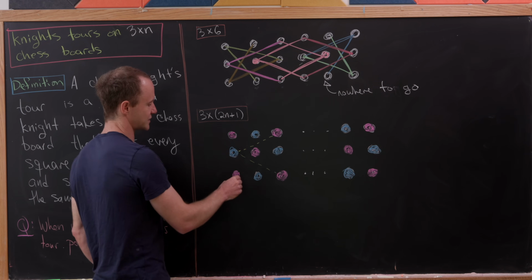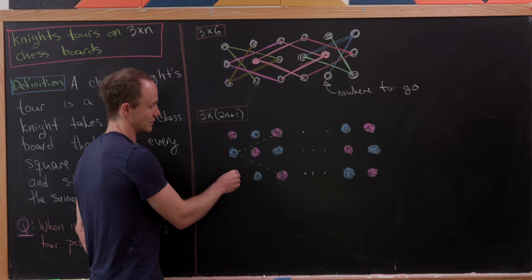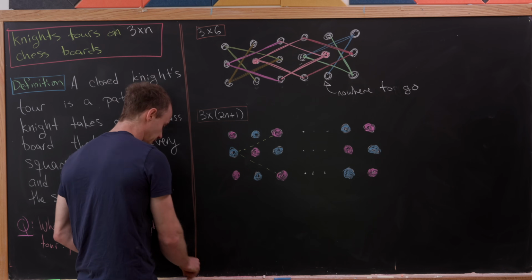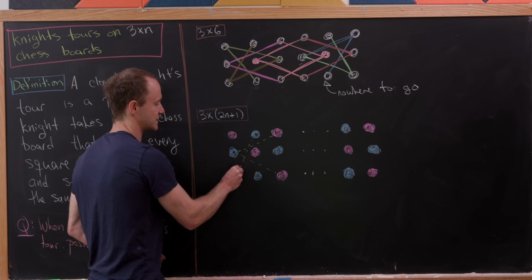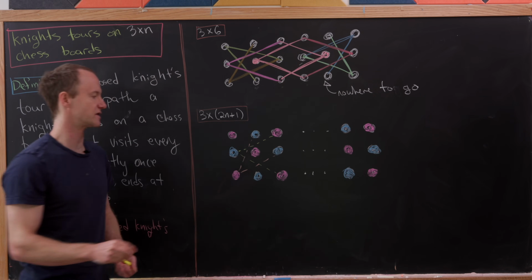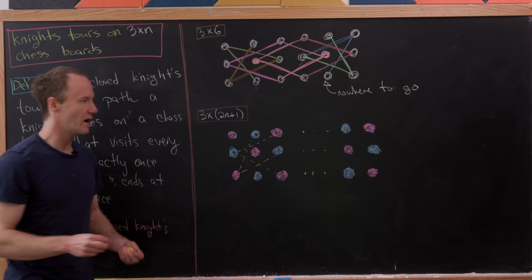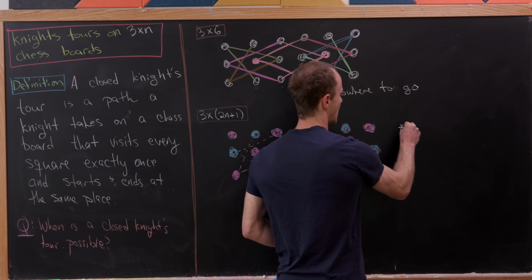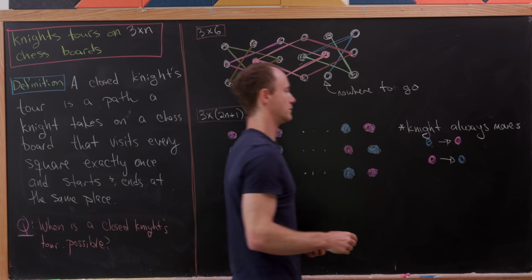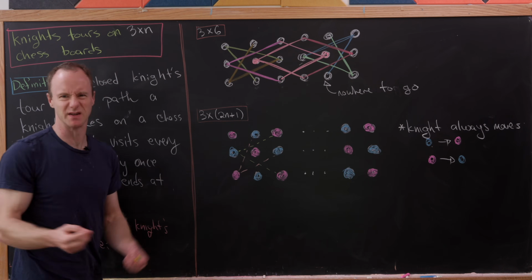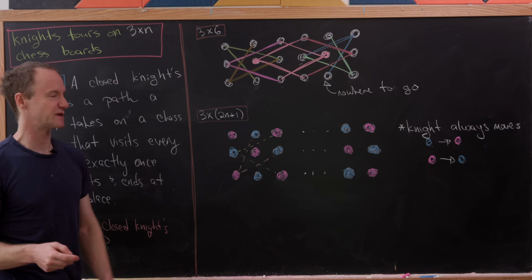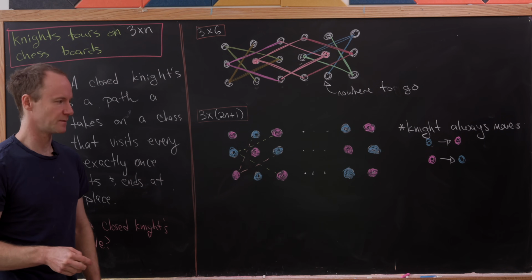Or if the knight starts right here on this magenta one, well, it can only move either up here to this blue one or over here to this blue one. In other words, the knight always moves from one color to the other. Or blue to magenta, or magenta to blue if you want to be specific about the colors.